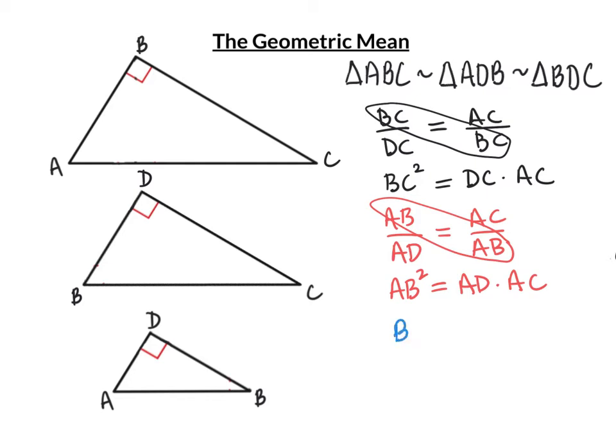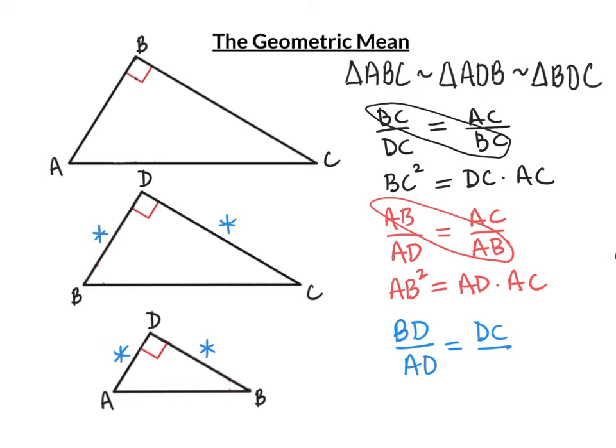BD, that one, is to this one, AD, as DC is to DB. Now, I'm not going to write DB, I'm going to write BD.